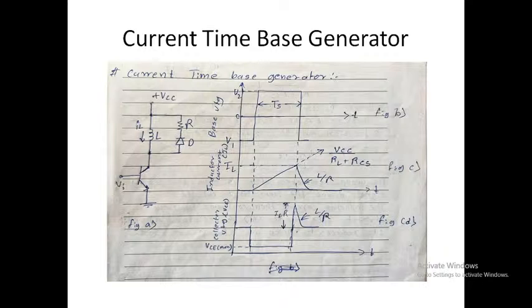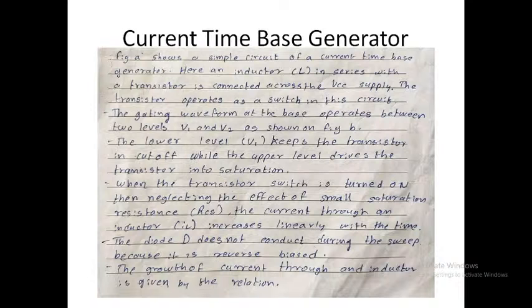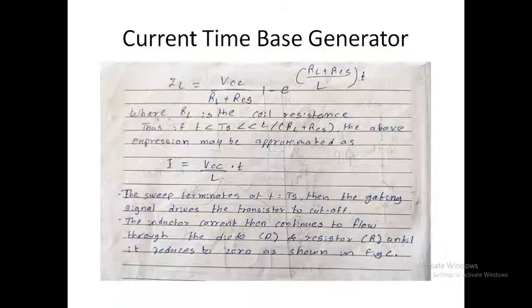Now the growth of the current through the inductor is given by this relation: IL, that is the inductor current, is equal to VCC divided by (RL plus RCS), where RCS is nothing but the small saturation resistance, times (1 minus e raised to the power minus (RL plus RCS) divided by L into t).